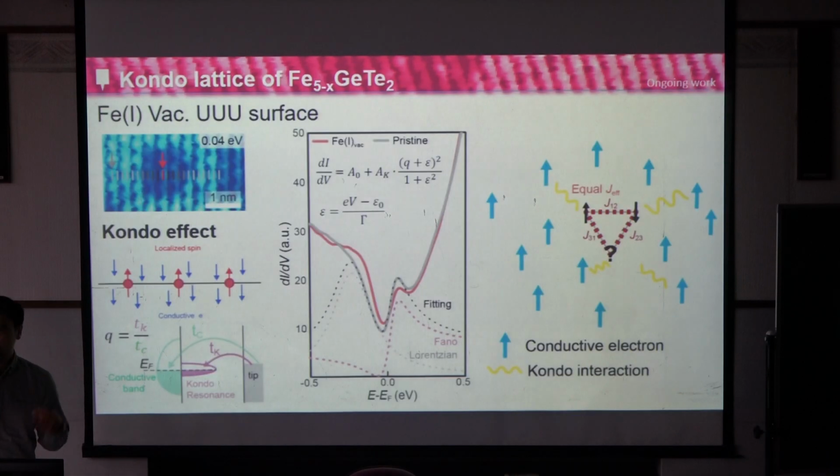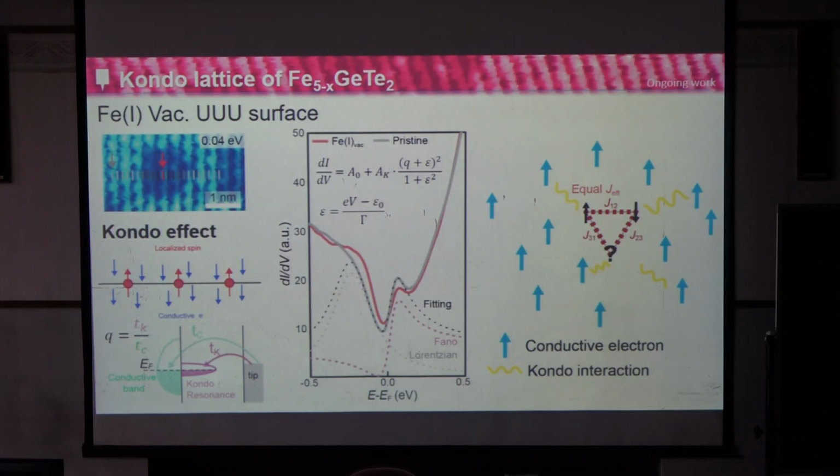So how is this condition prevented in the material? Back to the intrinsic property of the FGT family, it presents Kondo lattice behavior. What is a Kondo lattice?